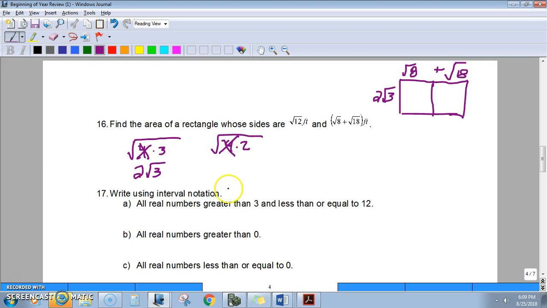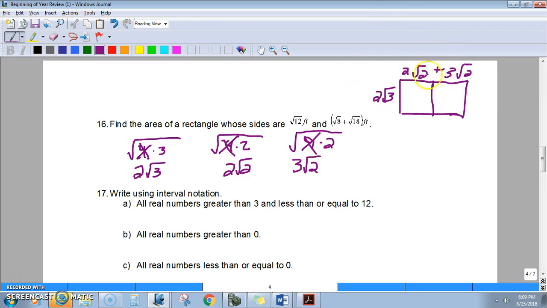The square root of 4 is just 2, so I actually have 2 root 2. And the square root of 18, I'm going to do 9 times 2. The square root of 9 is 3, so this is just 3 root 2.